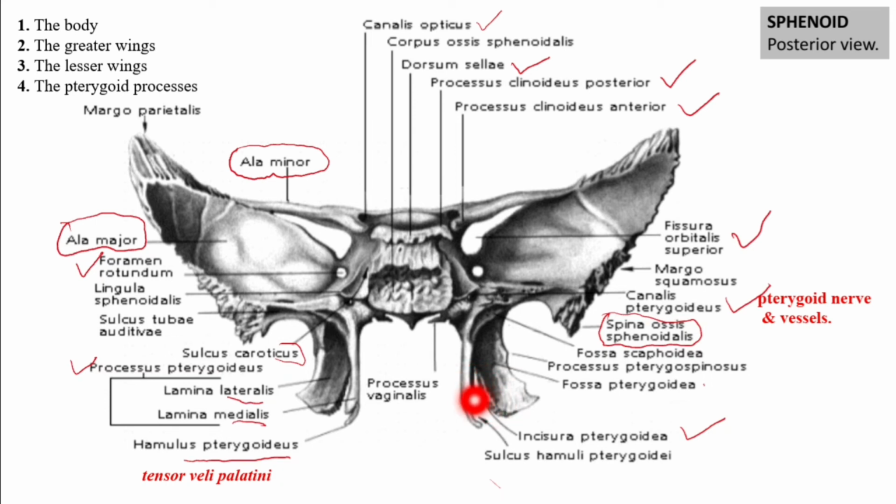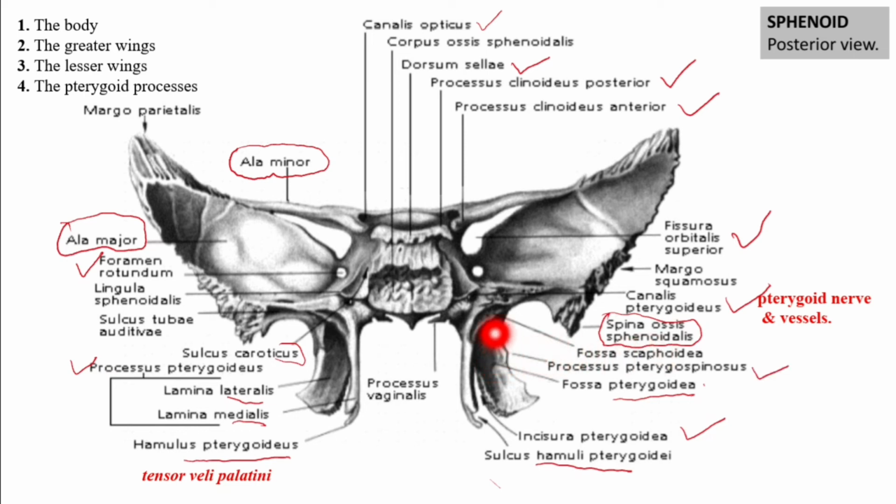On the continuation of the hamulus, where the main part of the medial plate ends, there is a groove called sulcus hamuli pterygoidei. Then going up in between these two, there is a depression, a fossa called the pterygoid fossa, fossa pterygoidea.